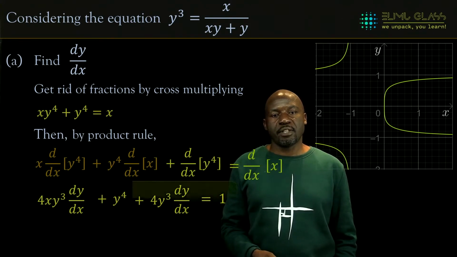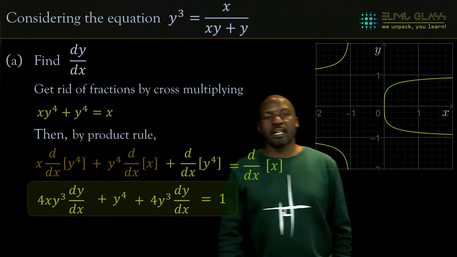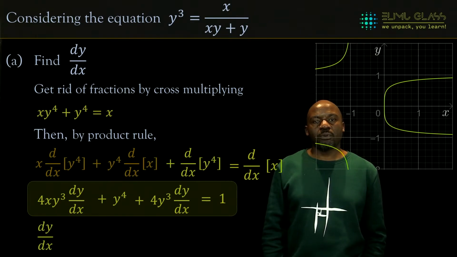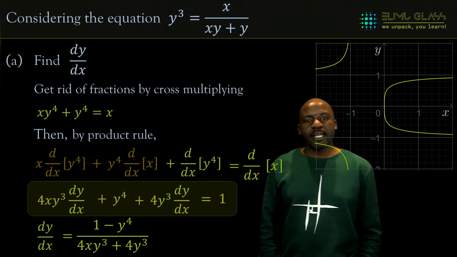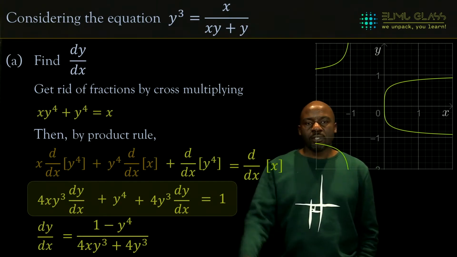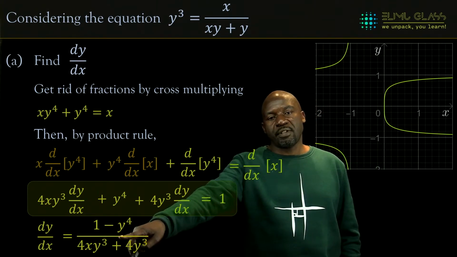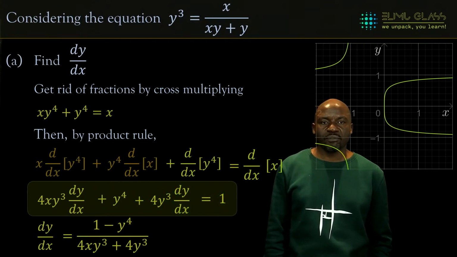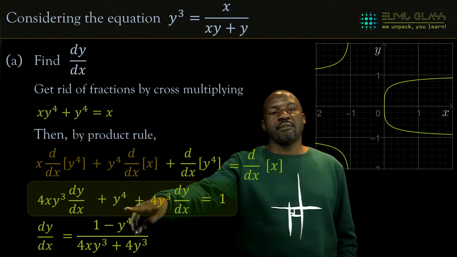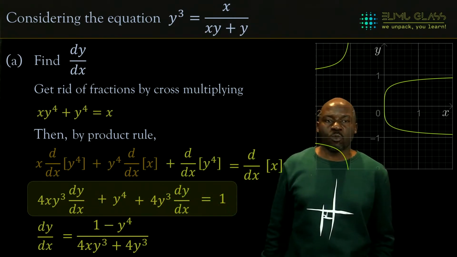That's the first derivative, which we can express by collecting like terms together. dy by dx is given by that. So this is our first derivative. We're making dy by dx the subject of the formula. It is also fine to leave it on one level like that.